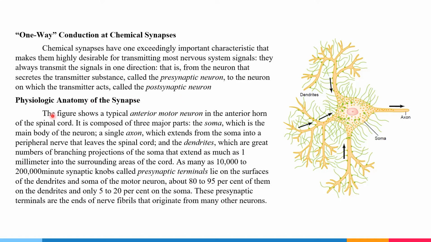Next, we look into the physiologic anatomy of the synapse. The figure shows an anterior motor neuron in the anterior horn of the spinal cord.